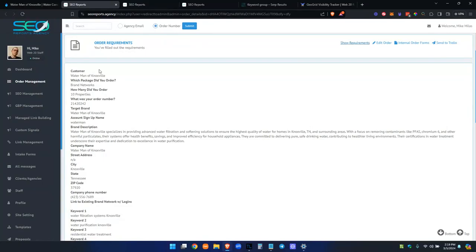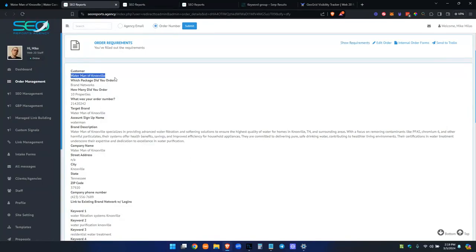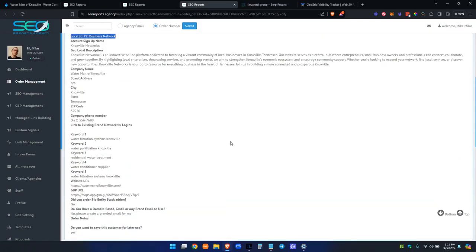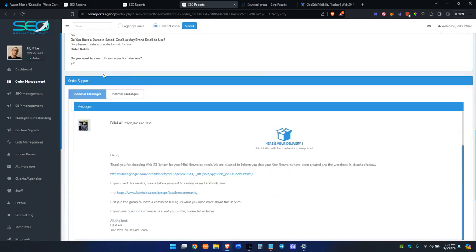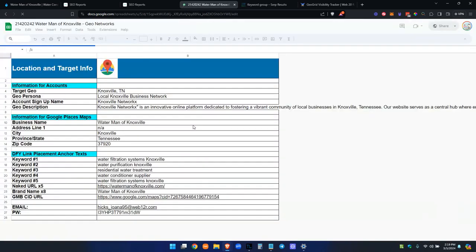And then our branded network, which is the actual mini network, Web 2.0s for the actual brand of the company. We're not going to go through every one. Each one is set up fairly similar with map embeds, backlink references for the website, the GBP.